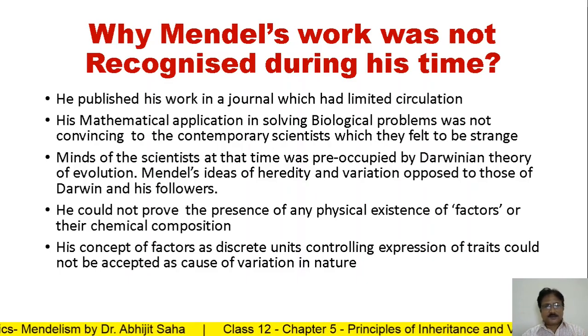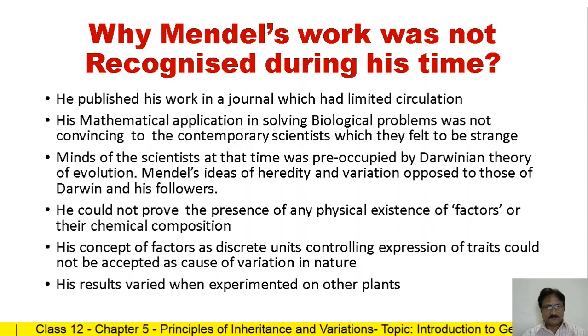His concept of factors as discrete units could not be accepted since variations still occur. Mendel did not believe in blending, and so there was confusion because there are variations in nature which Mendel did not explain.